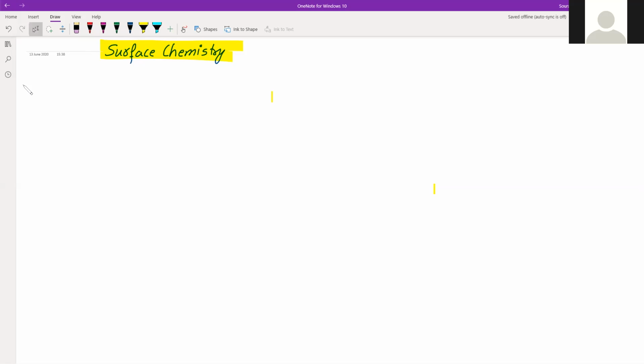For example, it can be a container having a liquid and air above it. Now this surface which separates it is called the interface, right? And these two, that is air and the liquid, will be called your bulk phase.